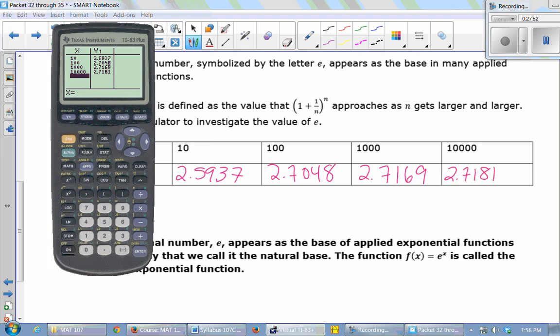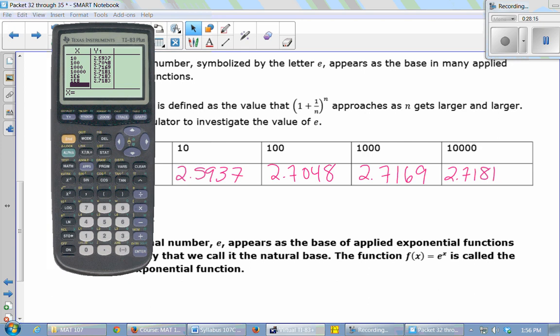And I could keep putting in bigger and bigger numbers. Like I could put in a million. 2.7183. And so I could barely change it at all from 10,000 to 1 million. If I put in 100 million, 2.7183 again, right? So it's rounding.